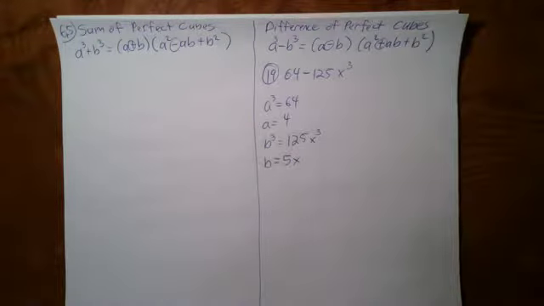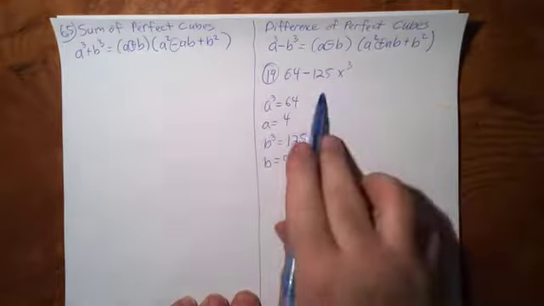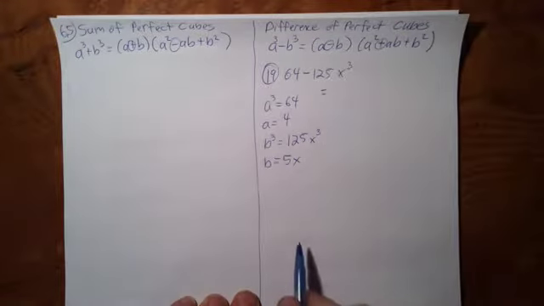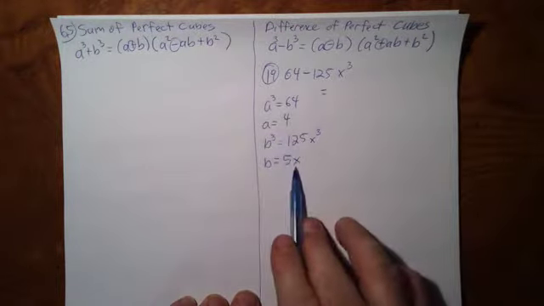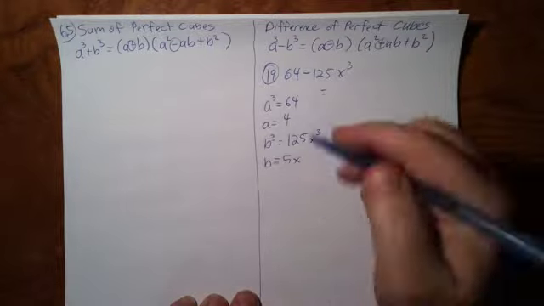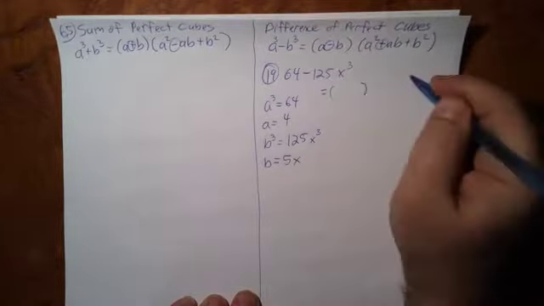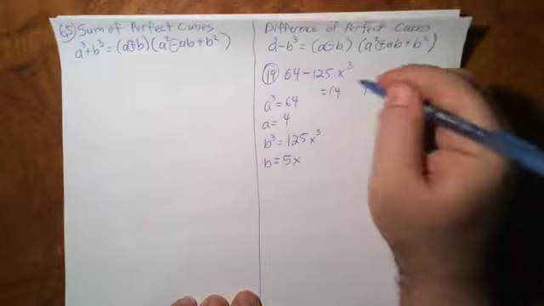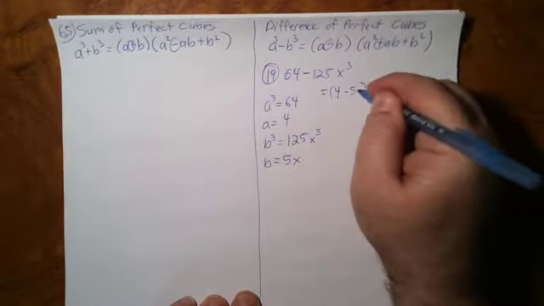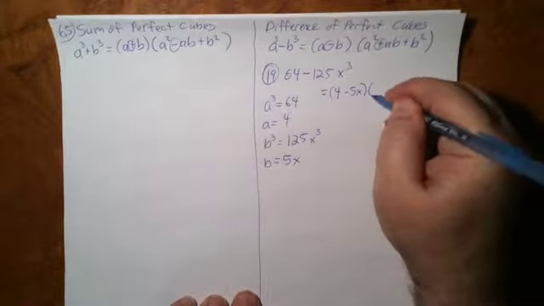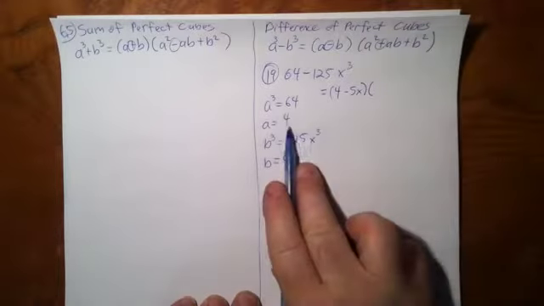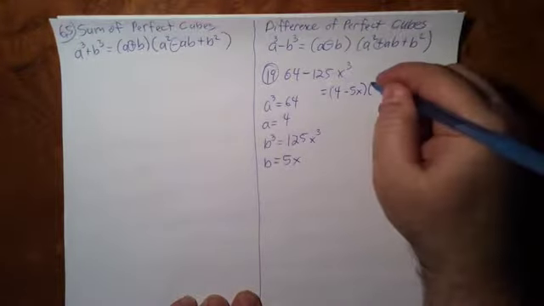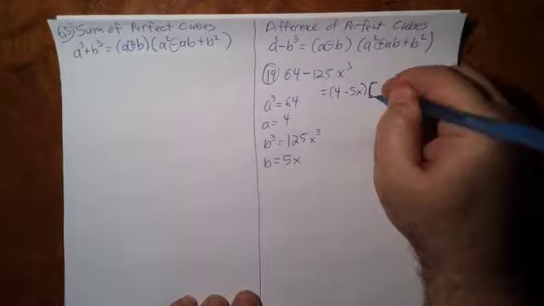So what we're going to do now is rewrite this, doing all the substitutions using the values of a and b we've obtained here. The first one is going to be 4 minus 5x. And watch how we do this now. We have a squared, which is the quantity, and let me bracket this off. This is going to be important.